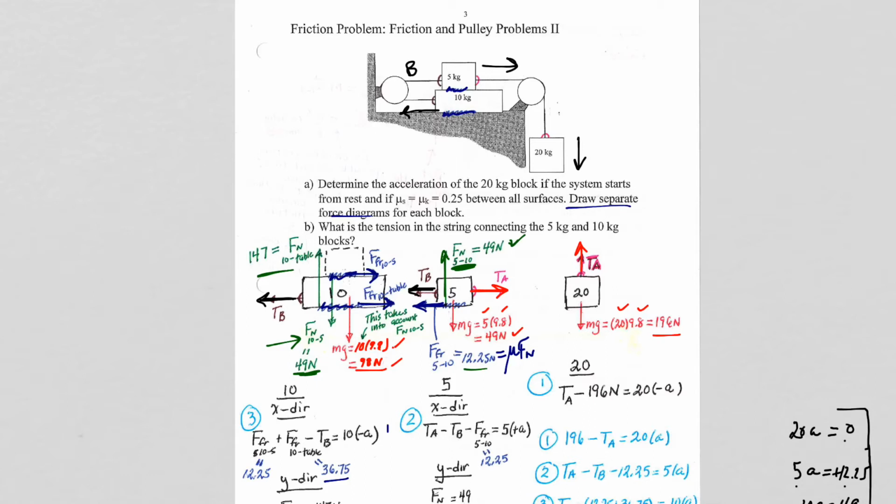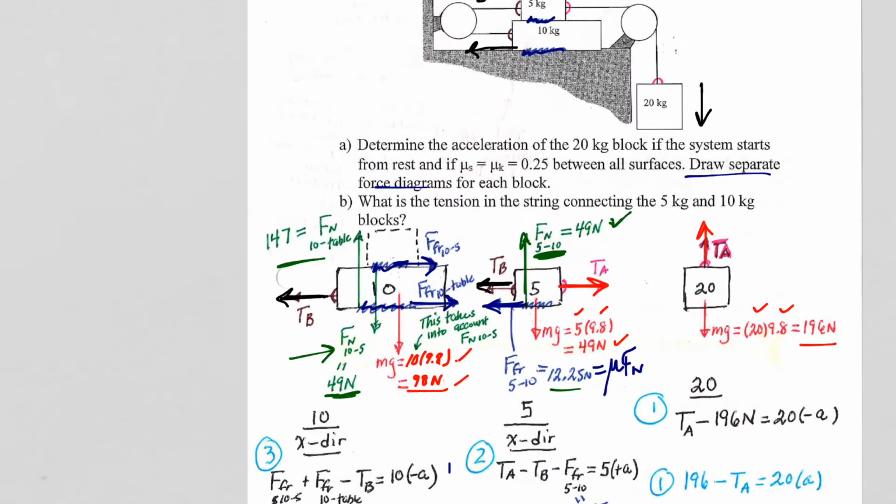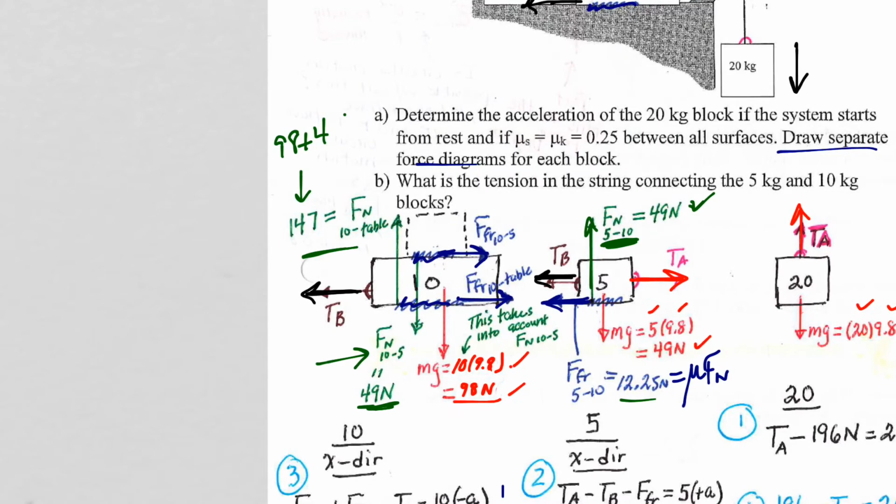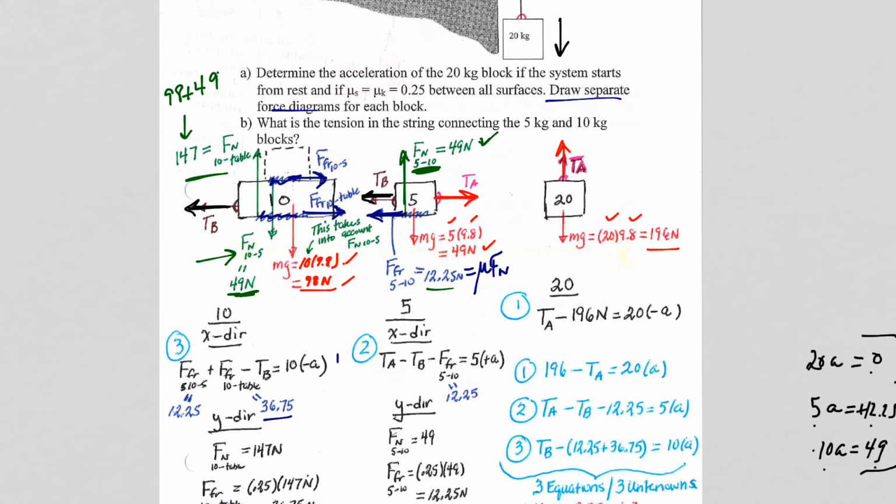So that is where the 147 comes from, and I'm going to put that in here explicitly for you. The 147 comes from the 98 newtons plus the 49 newtons, giving the 147 that the table has to support. And now we are all done.